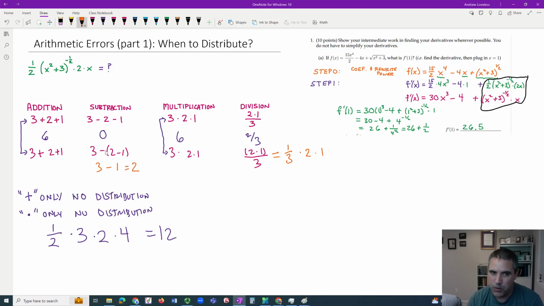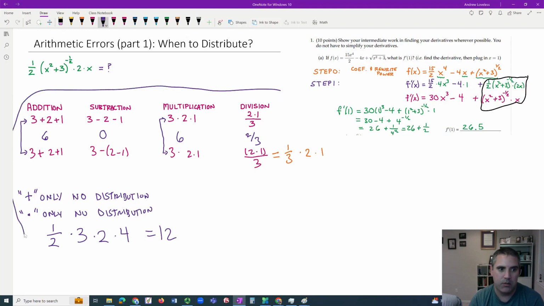And so this serves a different purpose. Subtraction doesn't commute. You have to go from left to right, but you still don't distribute. So we have not seen distribution yet on this page, is the point I want to make. There is no distribution happening anywhere here in any of these situations.